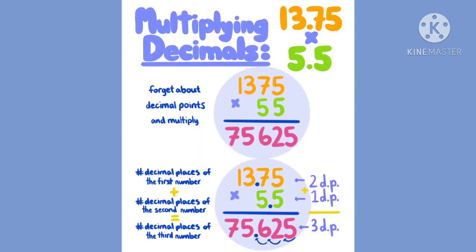For example, multiplying 13.75 with 5.5. Forget about the decimal points and multiply 1375 and 55. Now add decimal places of the first number. Here it is 2. Decimal places of the second number is 1. Totally there are 3 decimal digits. So put the decimal point before 3 digits from right to left.